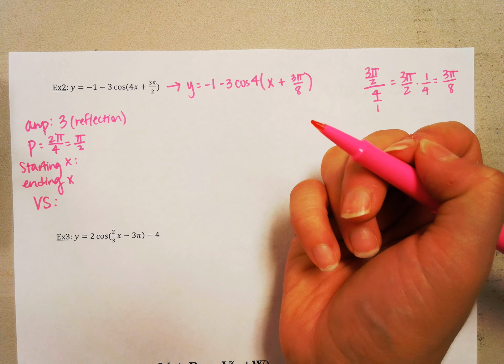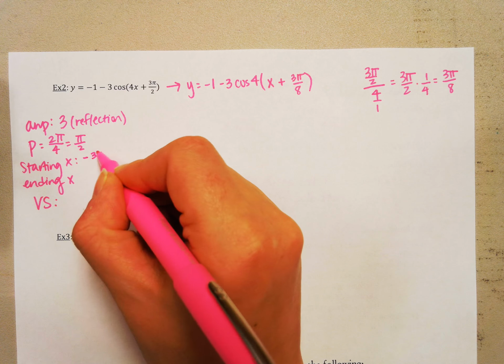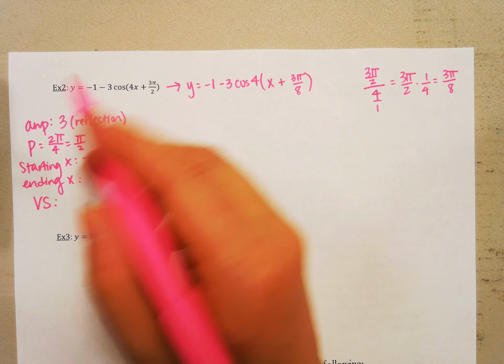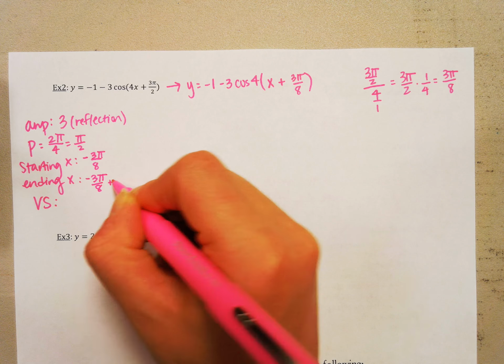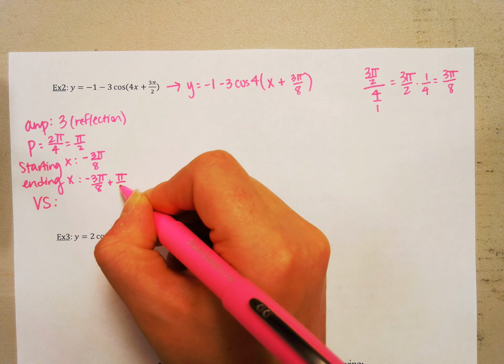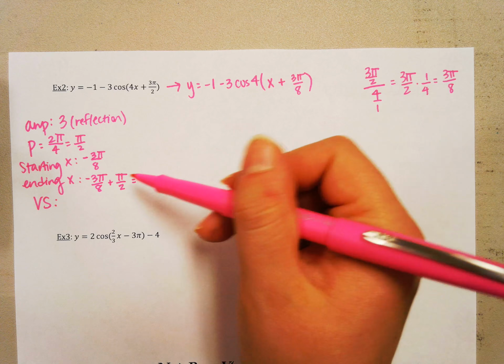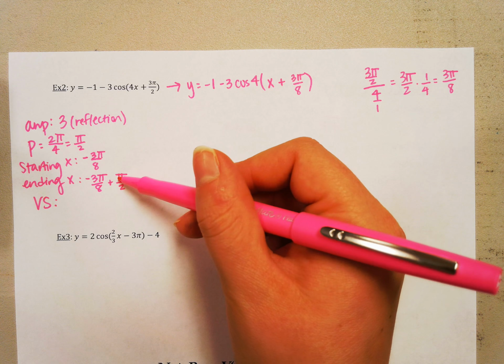Our starting x value, this is plus, so we're going to start at negative 3 pi over 8. And to find our ending x value, we take our period and we add our starting x value. So negative 3 pi over 8 plus pi over 2. And again, you can do that in your calculator or by hand. If I wanted to get a common denominator, it'd be over 8, so I'd multiply this by 4 over 4.